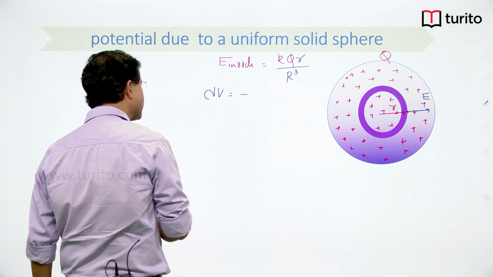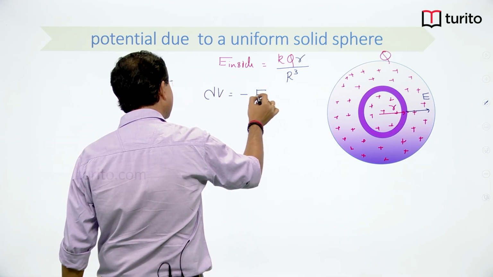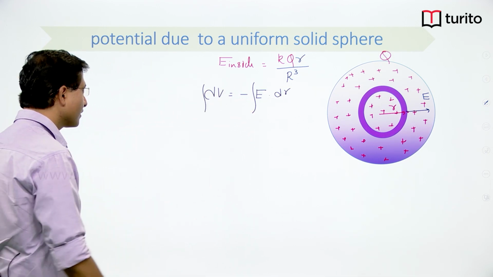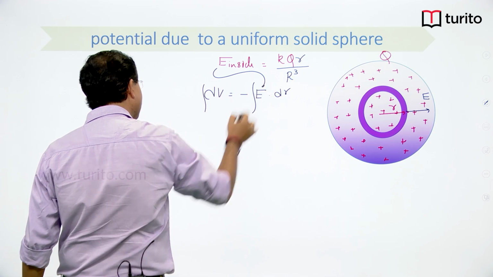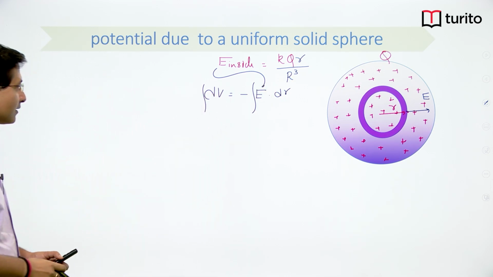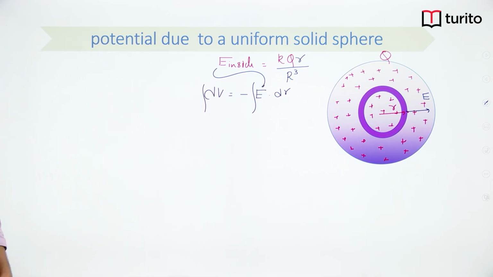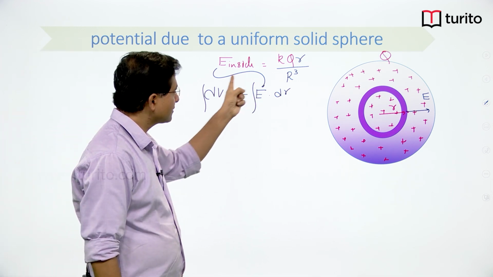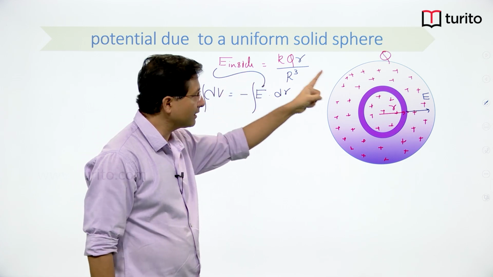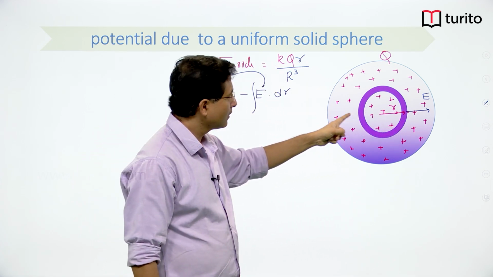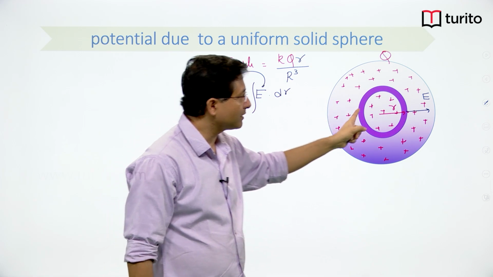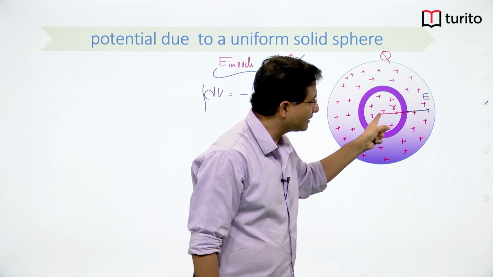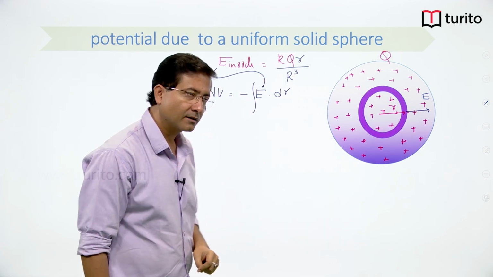Using this result, dV is equal to minus E dot dr. Using this result here, I can get the potential difference. Now, what would be the limit? As we are writing this for any point inside, I need to put the limit for any point from center to surface.